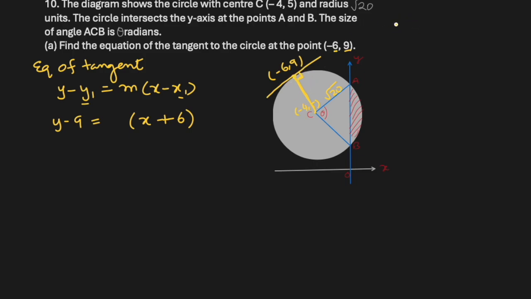So the gradient of the radius. And what is the formula for any gradient? y2 minus y1 over x2 minus x1. Let me take 9 as y2.